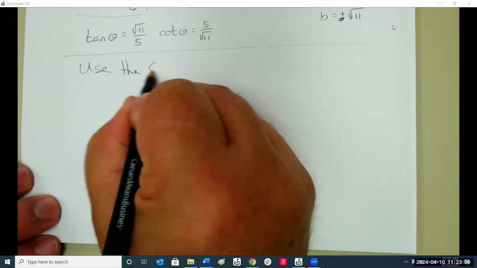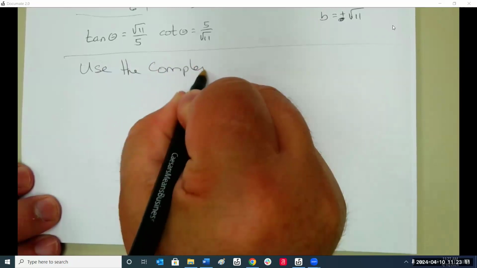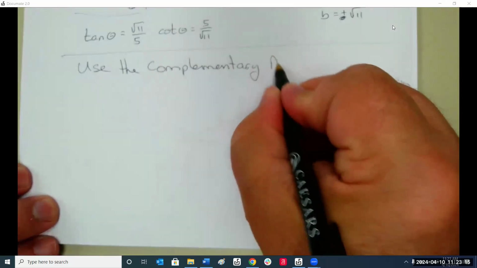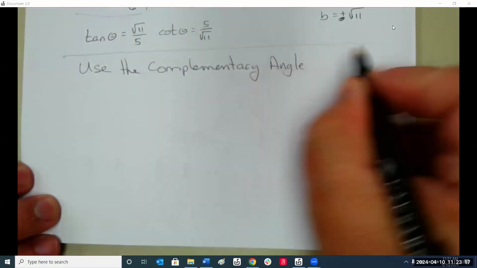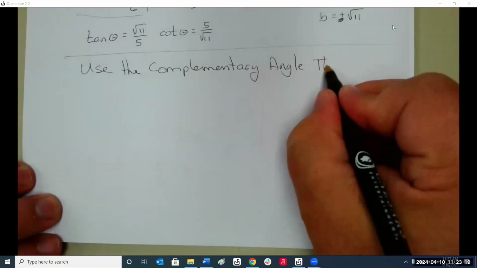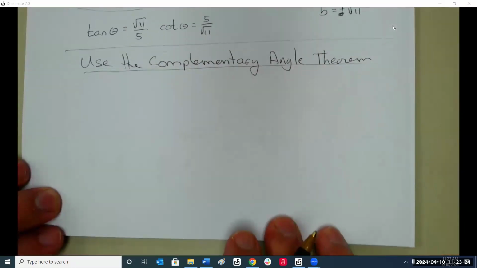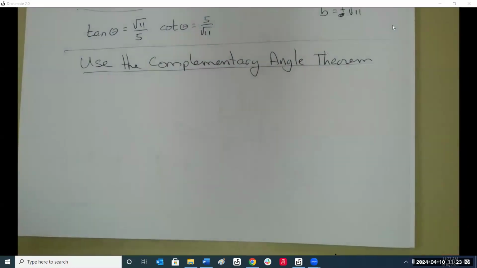What is the complementary angle? We just talked about those earlier. What's a complementary angle?